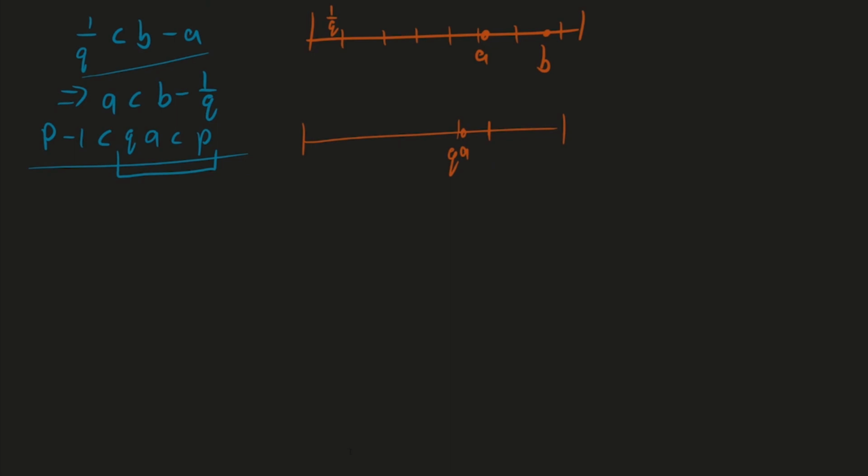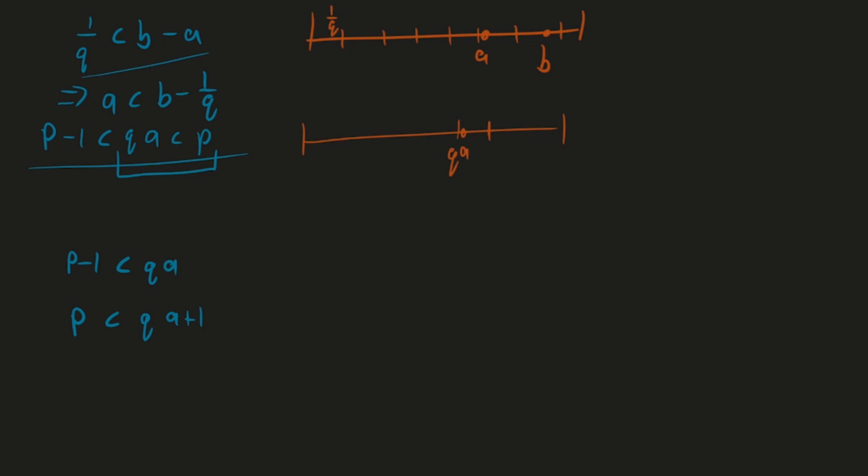the inequality. The second part of the inequality comes with a little bit more work, but we have p minus 1 is less than qa, so p is less than qa plus 1, not too hard.